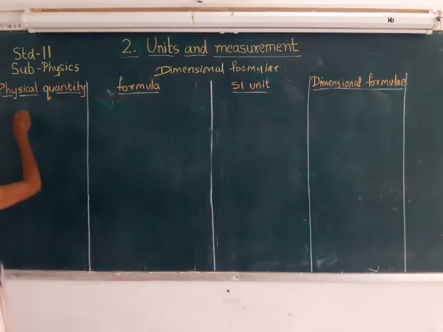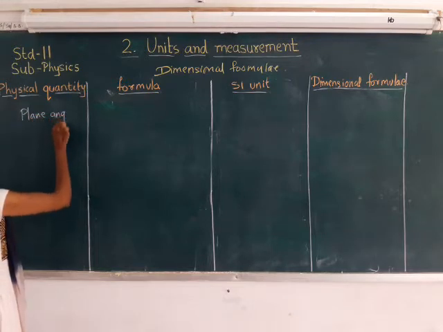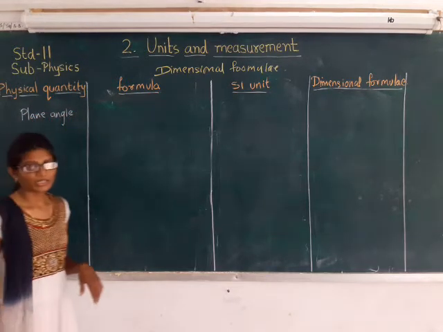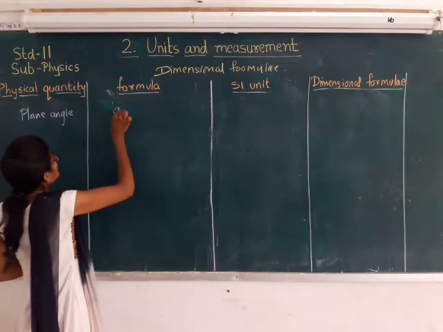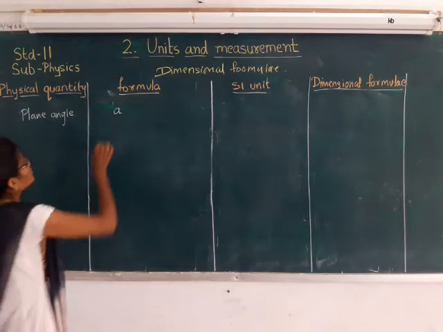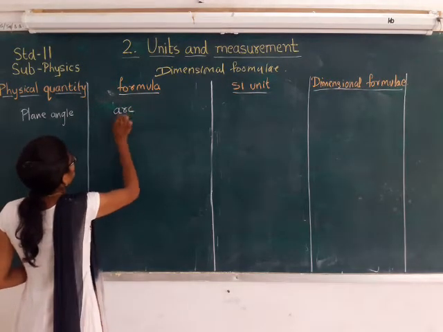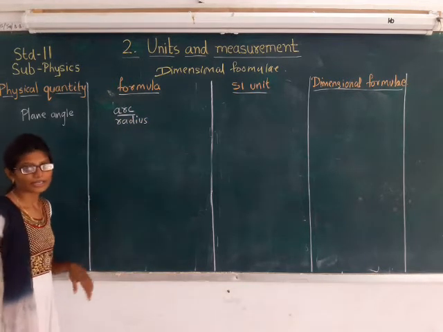Now let us take another physical quantity, that is plane angle, right? We had taken two supplementary physical quantities, that is plane angle and solid angle. So for this, its formula is arc upon radius, right?